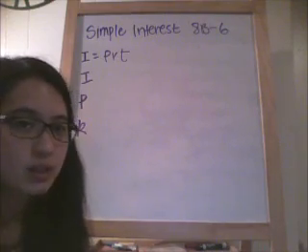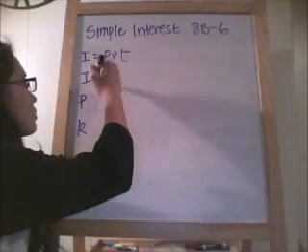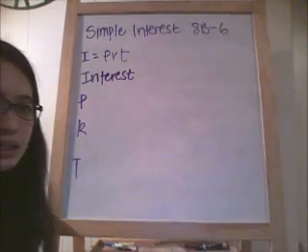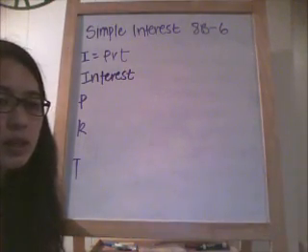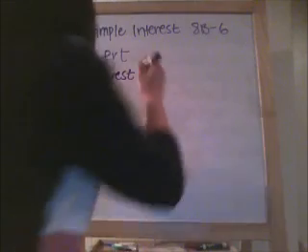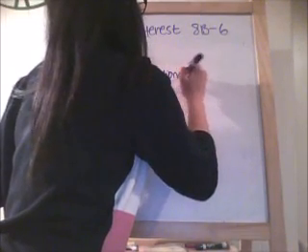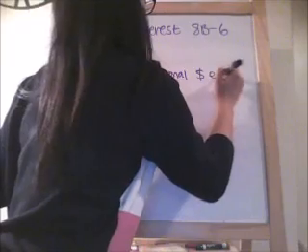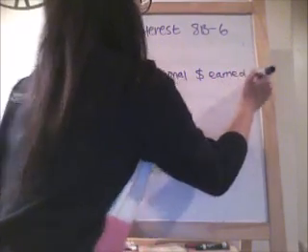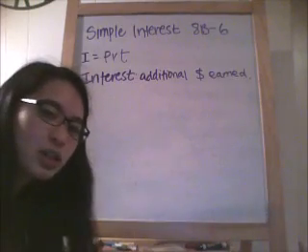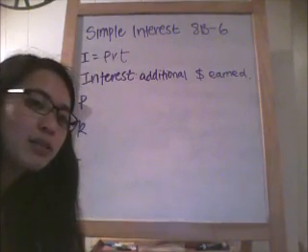So like I said earlier, I is interest, and that stands for the additional money earned. So this is a good thing, how much extra money you get added on to what you have.